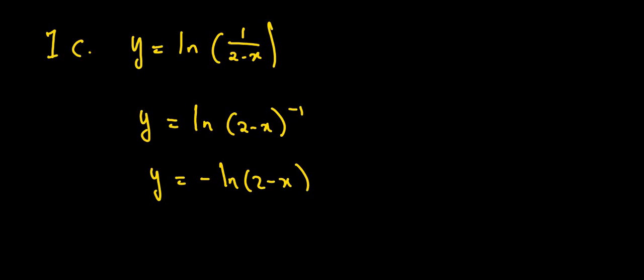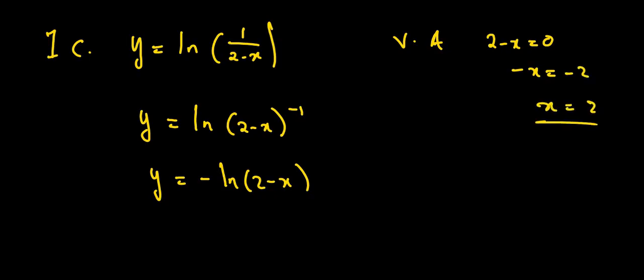Now if this is what we have been given, we can get the expression here to be the vertical asymptote. So the vertical asymptote is going to be 2 minus x is equal to 0. Negative x is equal to negative 2, meaning x is equal to 2. So we're having an asymptote there.